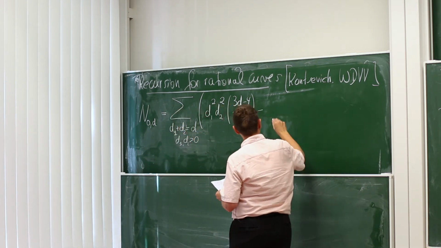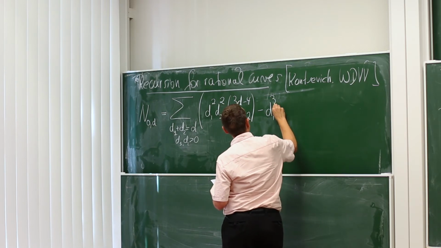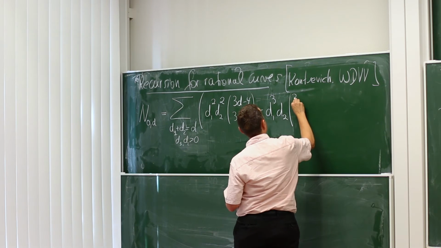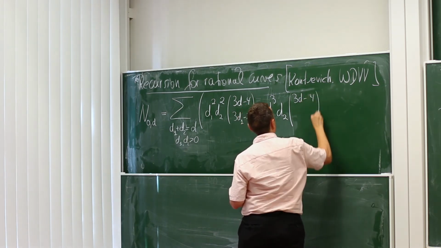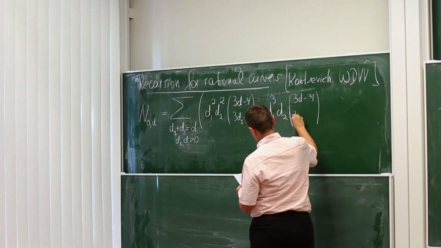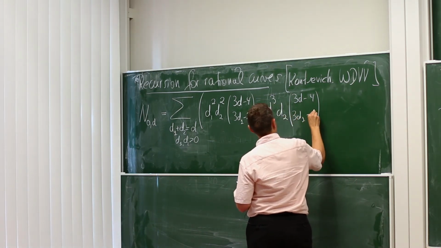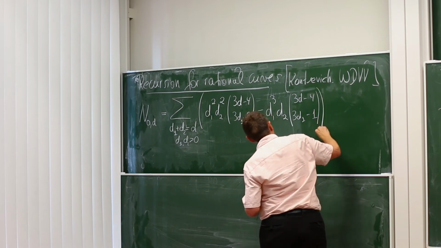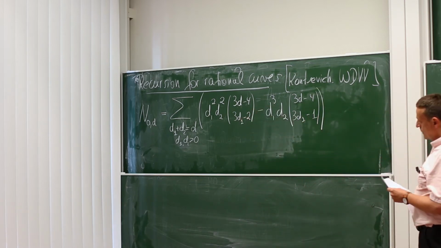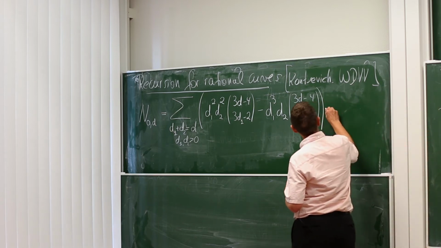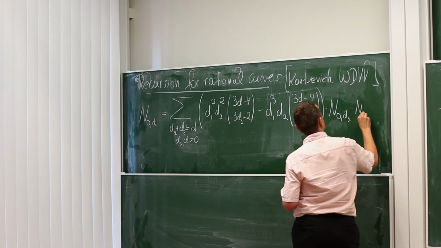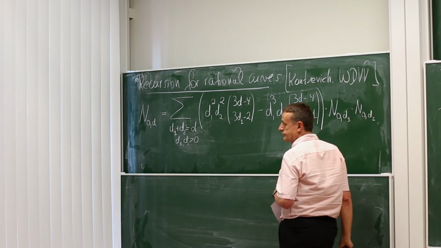One more term: d1 cubed times d2 times another binomial coefficient, 3d minus 4 choose 3d1 minus 1, close the parenthesis. Well, that's a big number depending on d1 and d2. And this I multiply by N_{0,d1} times N_{0,d2}.